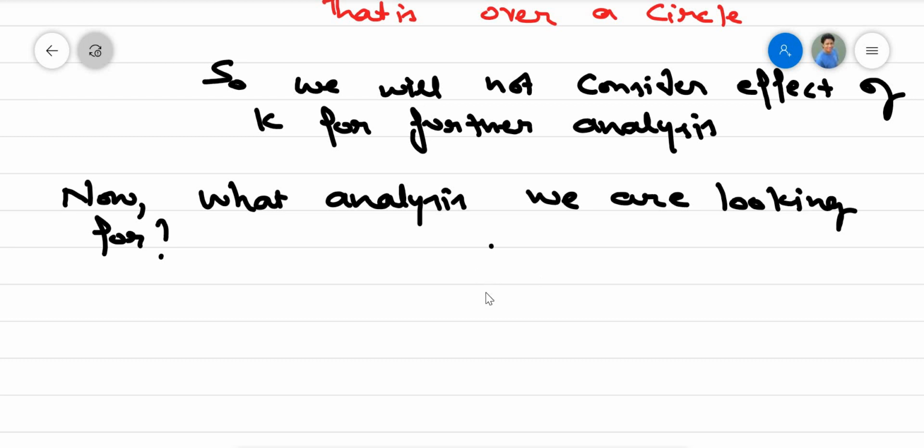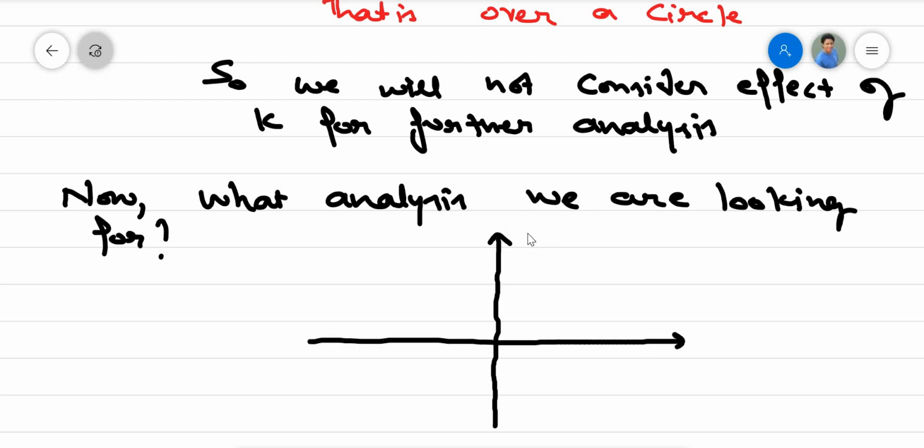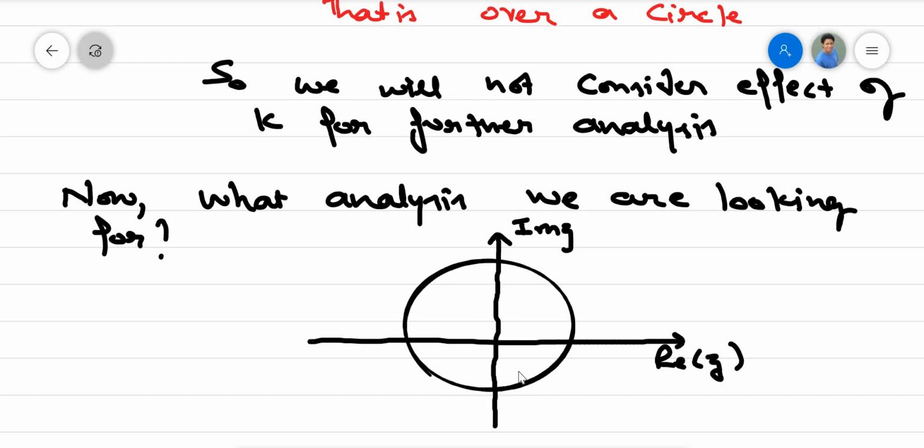It can be seen from the representation in the z domain and its relation with e^(jω), right? So it is imaginary of z and real of z, and there is a unit circle that is plotted. Okay, so we are interested, as we know it contains different frequencies from 0 to 2π over this unit circle.